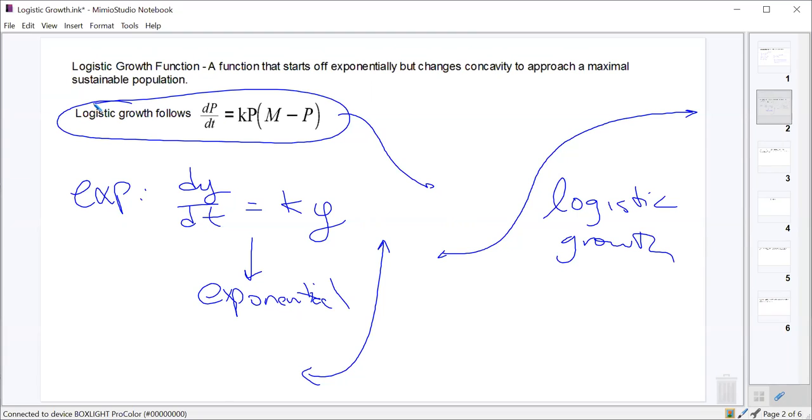And this M value, and we'll mention this again tomorrow, is called the carrying capacity. The carrying capacity is the maximum value that this population could hit. We will have a horizontal asymptote basically up there at M. M is the largest value for this population.